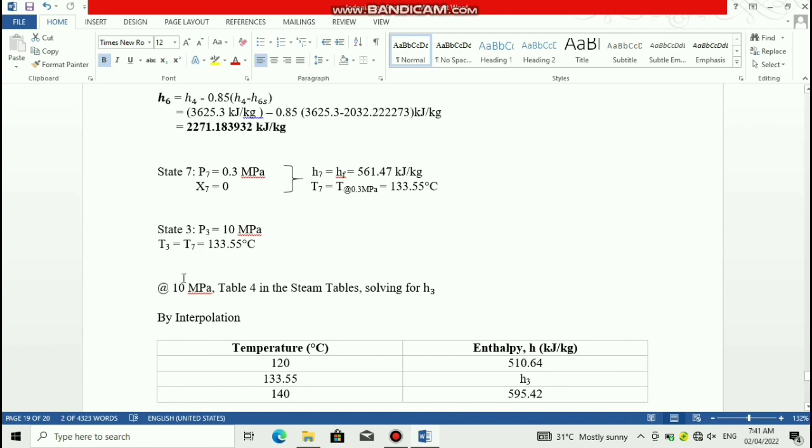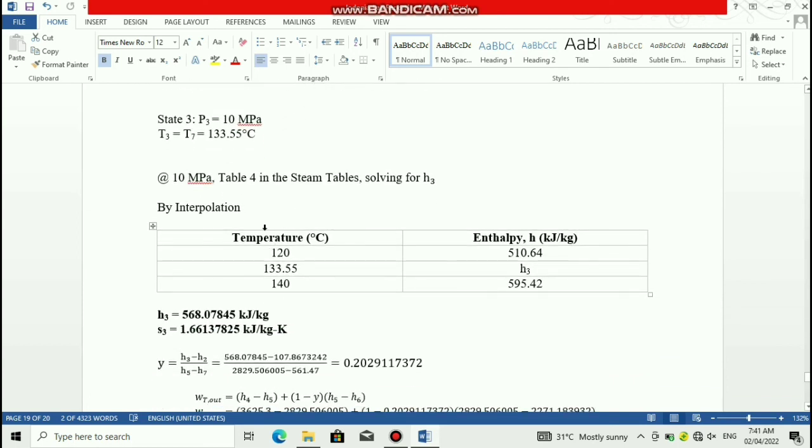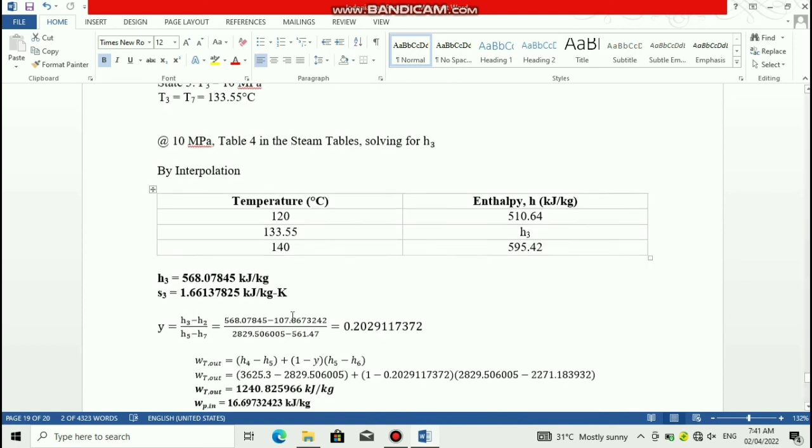Then using the Tsat, T3 equals T7 equals 133.55 degrees Celsius. So at 10 megapascal, we look for table 4 in the steam tables to solve for H3. By interpolation, the value of H3 is 568.07845 kilojoules per kilogram, and the value of entropy at point 3 is 1.66137825 kilojoules per kilogram K.